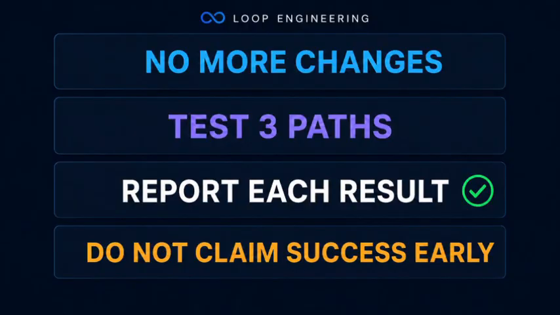Do not make any more changes. Test the original failing path, the nearest valid alternatives and the expected rejection path. Report the result of each test separately. Do not say the issue is resolved unless every result matches the expected behavior.